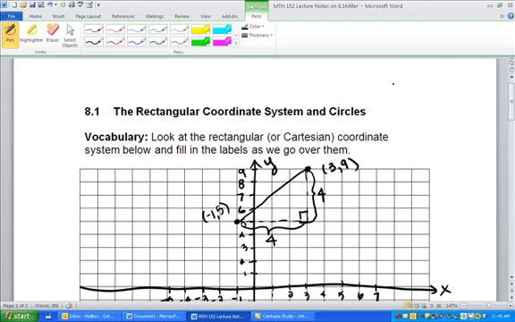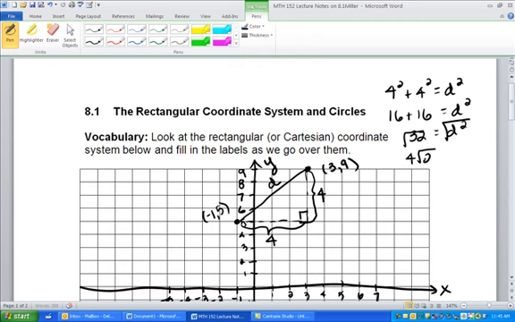Well, I know from the Pythagorean theorem, if I take the squares of the two shorter sides and add them, I'm going to call that d for distance. I'm going to get 16 plus 16 equals d squared. 32 equals d squared. So d is actually going to be, let's see, that's 16 times 2. We take the square root of both sides. 4 times the square root of 2.